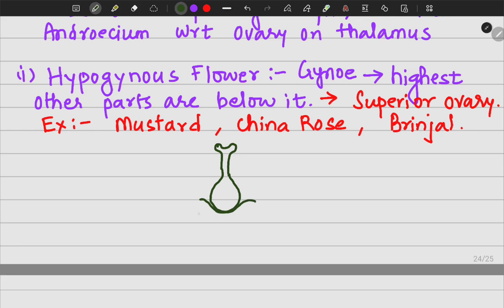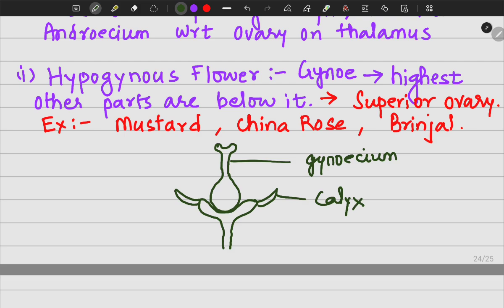So if this is the thalamus, then this will be the calyx, this is gynoecium, calyx, there will be corolla, the colorful part, and then there will be stamens.